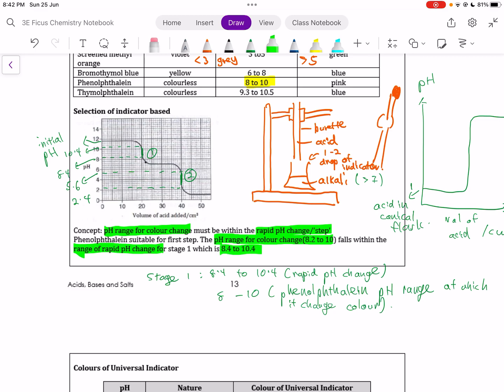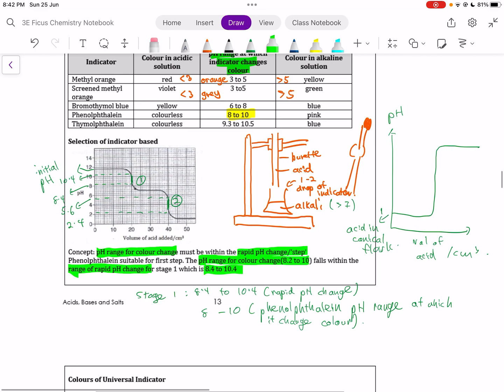For stage 2, you have to choose something like methyl orange, which is 3 to 5. Using methyl orange for stage 2 is good, because if you use it for stage 1, it will just stay yellow and won't change color, because it only changes color within 3 to 5.